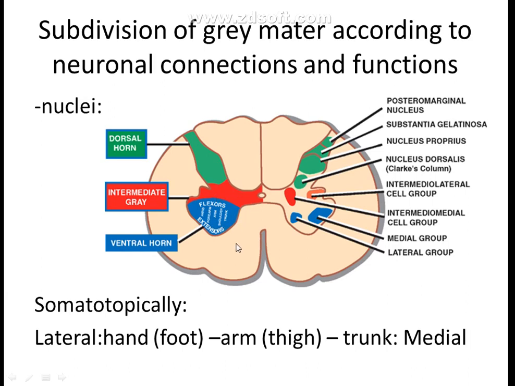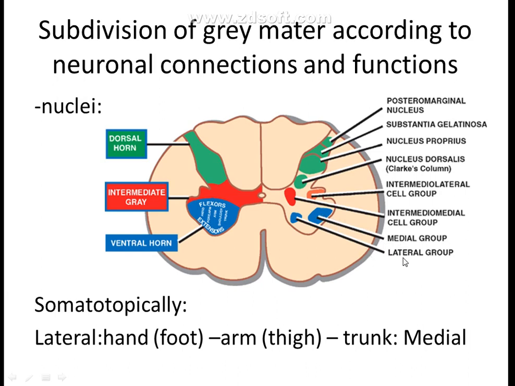But further investigation by more advanced histological techniques was able to divide these parts, the dorsal horn, the ventral horn, and the intermediate region, into smaller regions. Each of these has similar functional and histological criteria.